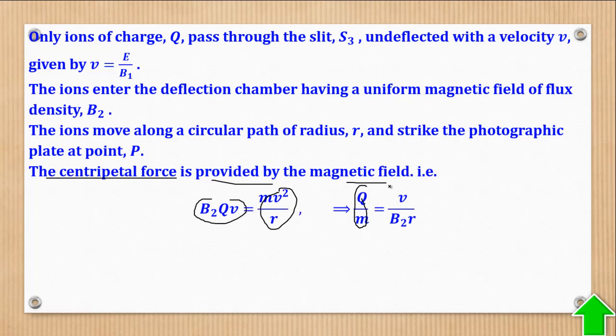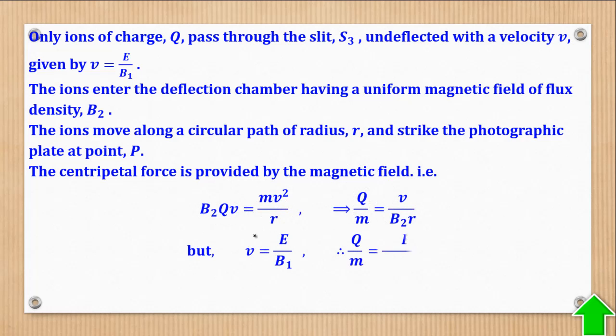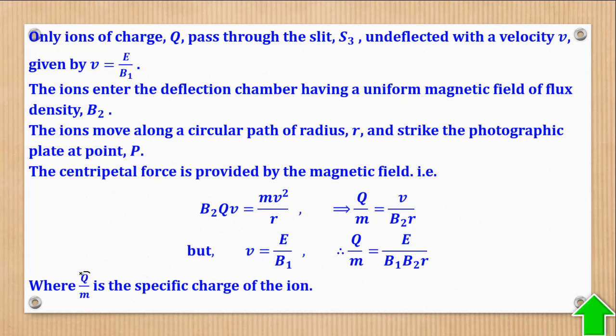So the ratio will be that. But we know that v is equal to E over B1. So substitute, you come up with this. That is what they wanted, the specific charge of the ion.